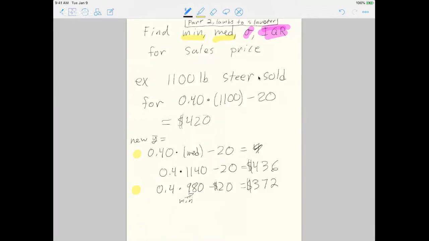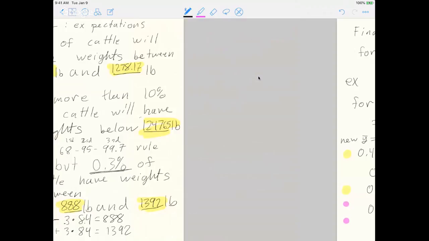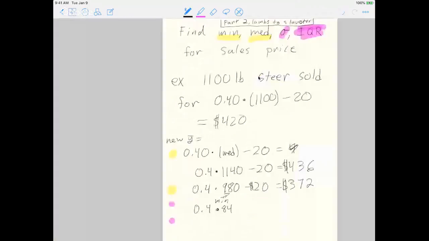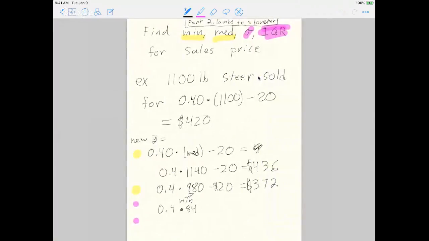All right. Now for the ones that we are only scaling, we are not shifting. So those are easy, right? 0.4 multiplied by my standard deviation of 84, I believe. Let's double check. 84. Well, what is that? 0.4 times 84.